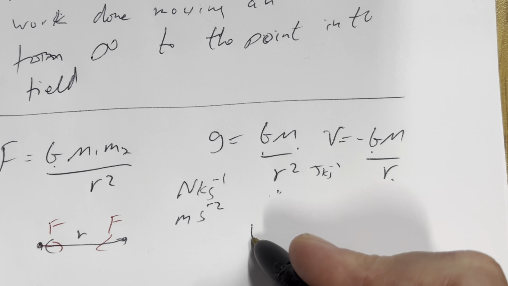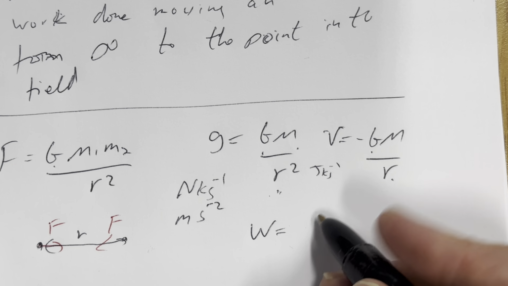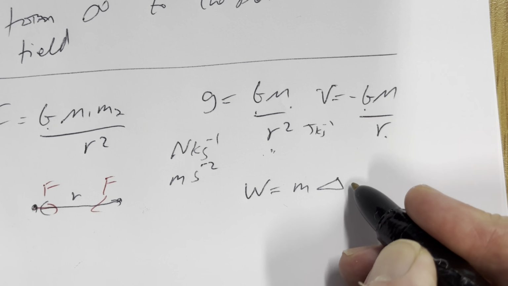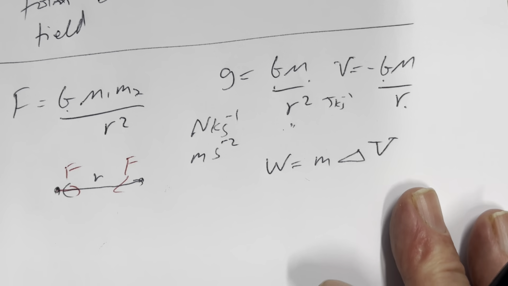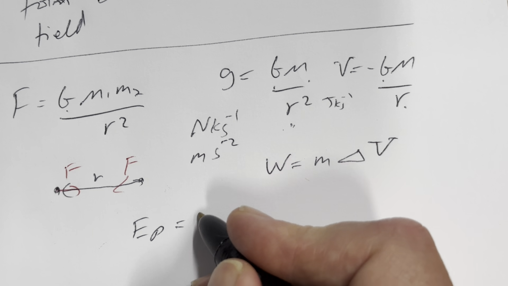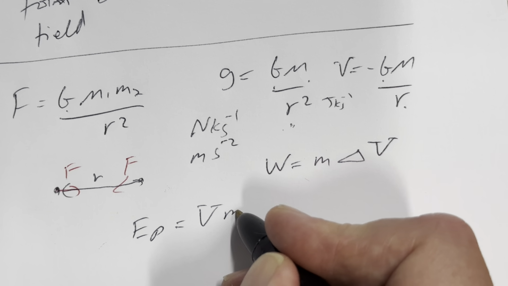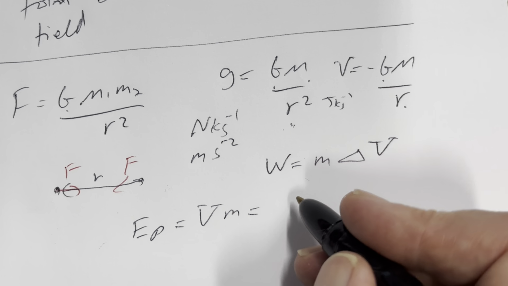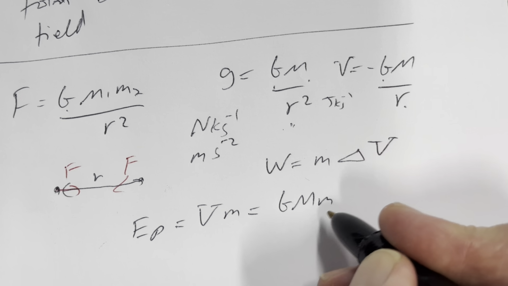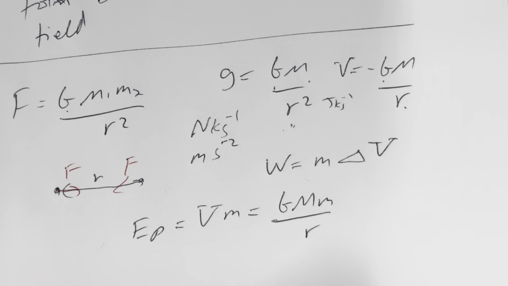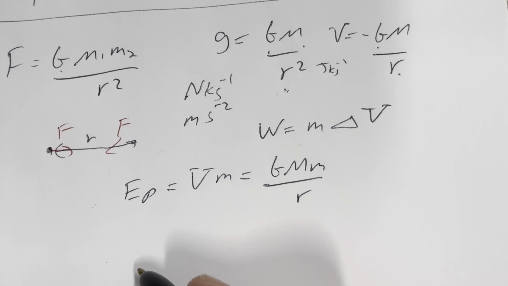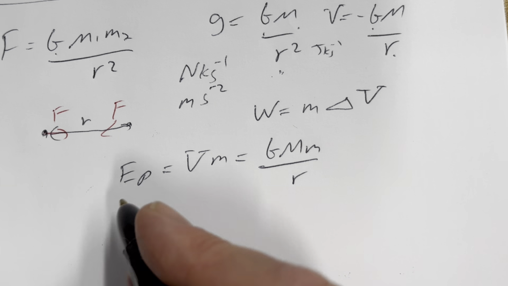We've got the work done moving between two points in a field, and I'll do a bit more about this in a moment, is m delta V. And the potential energy is the potential, the energy per unit mass, times the mass of the object in the field. So that then becomes GMm over r. Notice the energy ones are over r. That's not on the data sheet, so if you want to use it, you're going to have to memorise it.